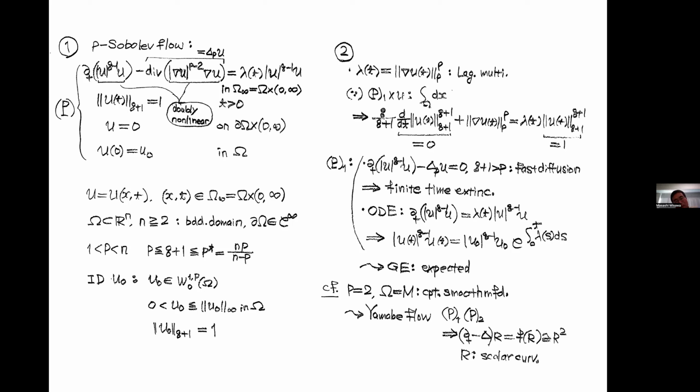For the exponential change, I study delta_t v minus divergence of the p-Laplace over log u of log v equals lambda t v. So we have to study the log p-Laplace operator. I'm not sure about the fundamental results for this equation, but this is very interesting for me.